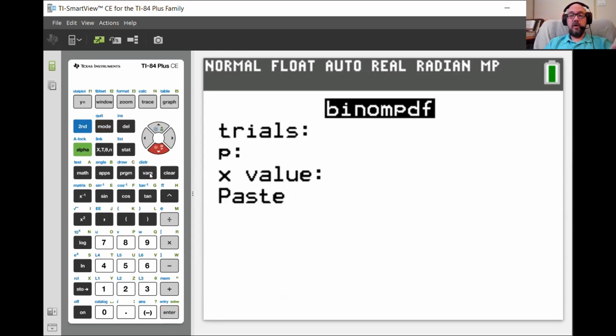I want to know what the probability of getting 6 successes was. So the number of trials, LeBron is shooting 10 free throws, so I've got 10 free throws. His probability of success is 74%, and you have to put it in as a decimal. Calculator won't like it if you put in something bigger than 1. And X is the number of successes that I'm trying to calculate. So in this case, 6 successes.